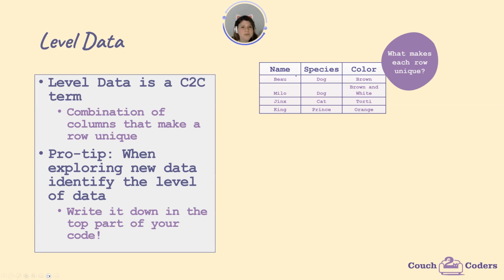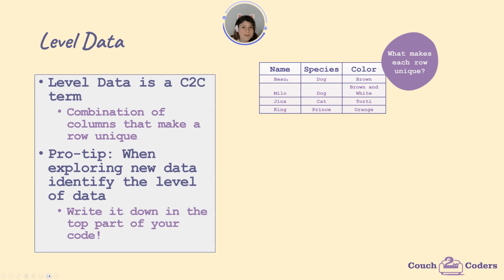So what if I were to combine some of these? And I said, well, color's not unique, but color and species is a little bit more unique. And that's true. There are probably definitely a lot more brown pets than there are brown dogs. That being said, the chances of someone coming in with another brown dog, highly likely. That's not something that makes this row unique.